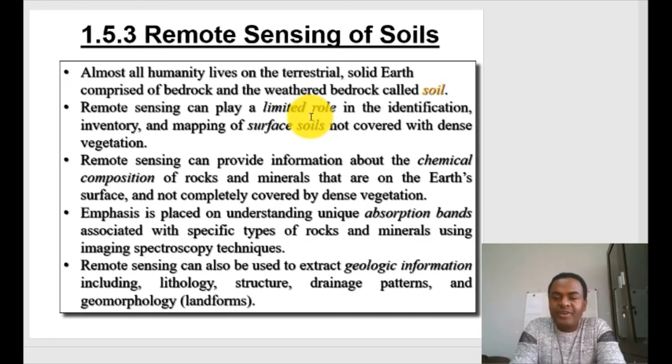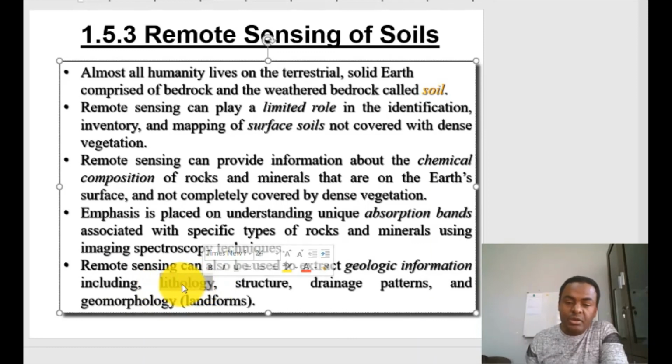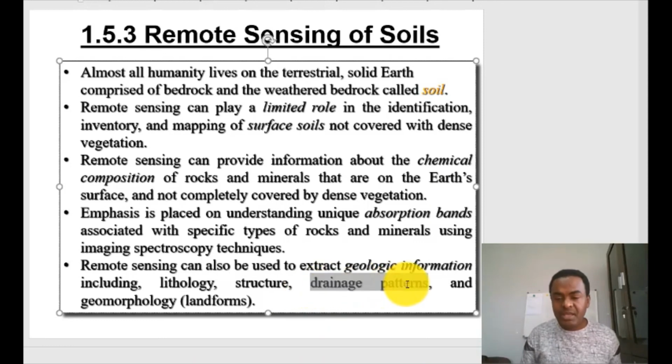But remote sensing can provide very useful information for knowing the chemical composition of rocks, whether there is too much iron, or some kind of mineral. Remote sensing can also play a significant role in extracting geologic information such as lineaments. We can also estimate lithology, structure, and drainage patterns.